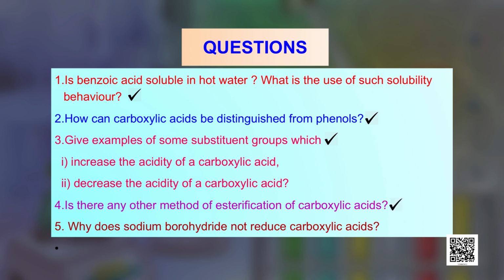Is there any method for esterification of carboxylic acid other than the Fischer esterification we discussed here? Find out, there is one more very interesting method. Why does sodium borohydride not reduce carboxylic acids?